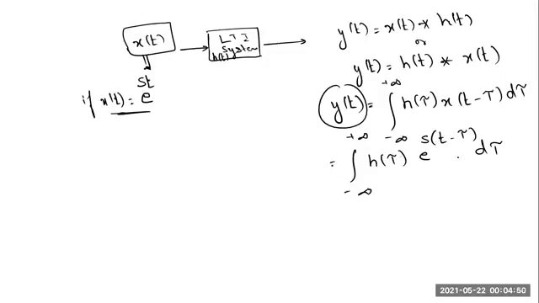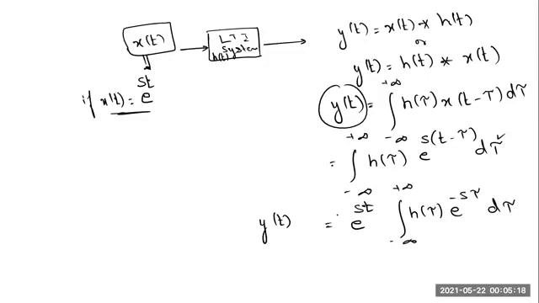Now our variable of integration is tau. So this e raised to power st can be taken out of the integral sign. So y of t is equal to e raised to power st, and this term has been taken out of the integral. What is left is the integral of h of tau e raised to power minus s tau d tau.